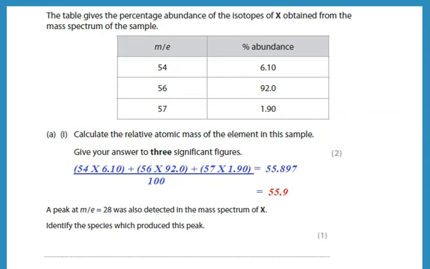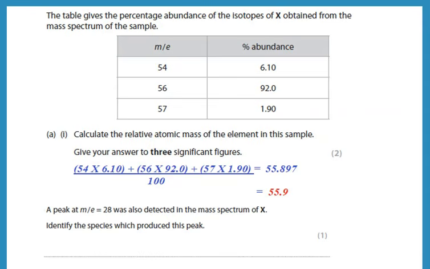So if we calculate this, we find that the relative atomic mass is 55.9. Again, when you write the answer, please check in the question whether he needs a specific form of the answer. So for example, here he's saying give your answer to 3 significant figures, so the answer has to be in 3 significant figures.